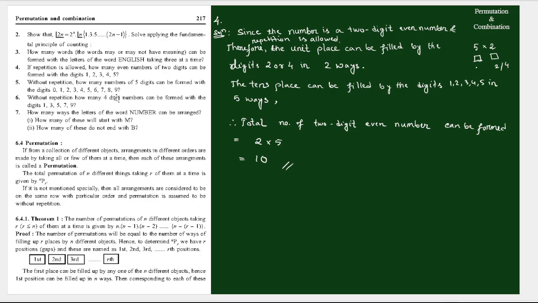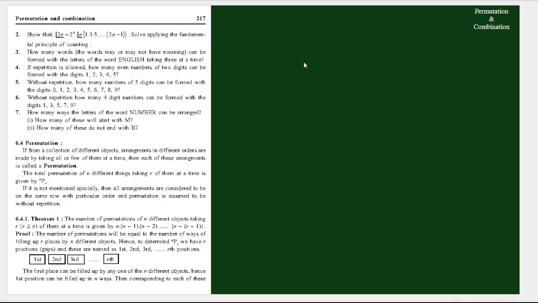And it says without repetition, same as question number 3. Question number 5. So we have to make how many? 5 digits.